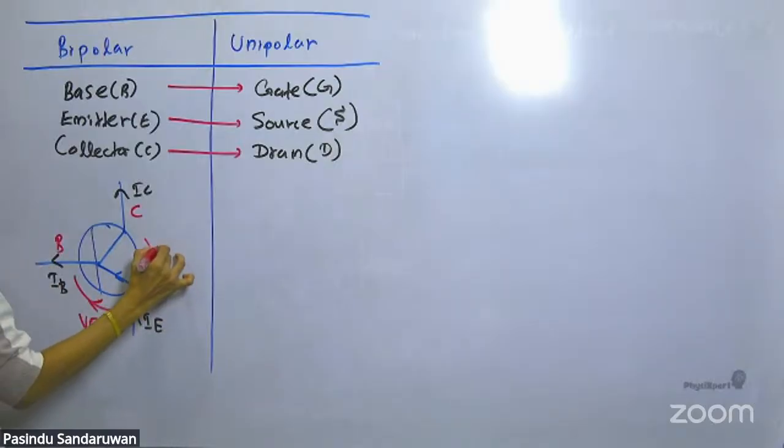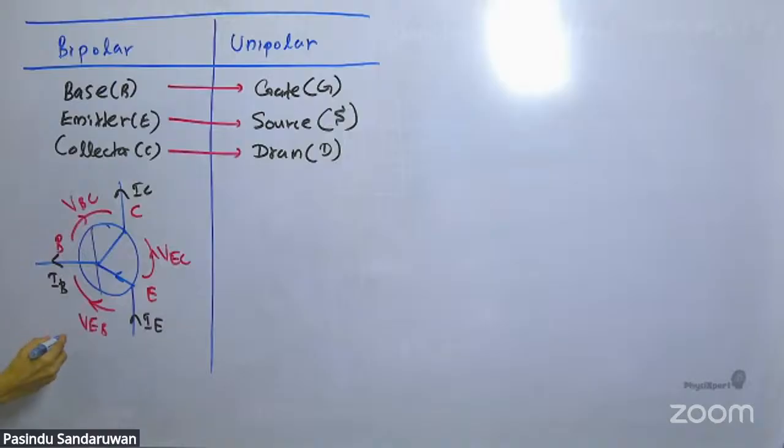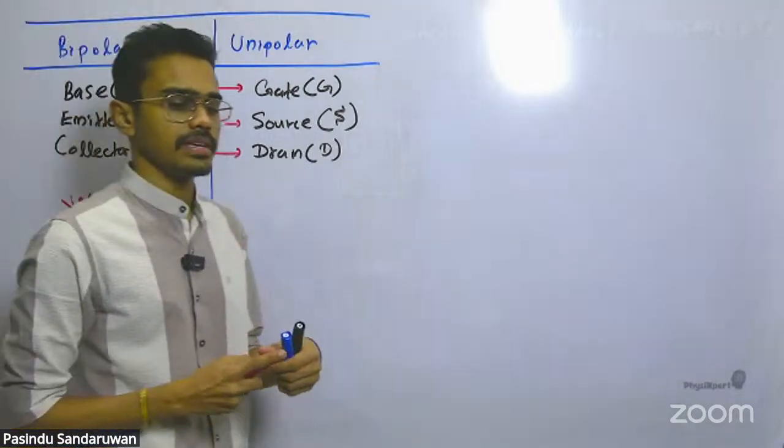This is VEC, opposite, VEC. And this is VBC. Then order of potentials. Highest is VE, then VB, then VC. Then order of currents. That is the same: IE, IC, IB. So this is our PNP.